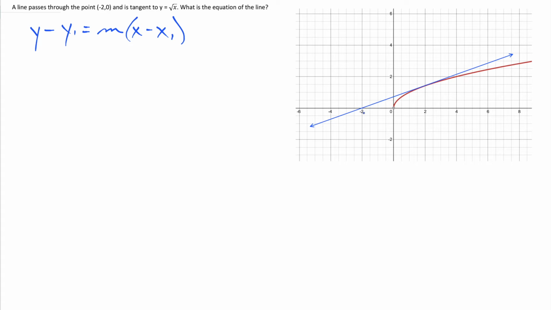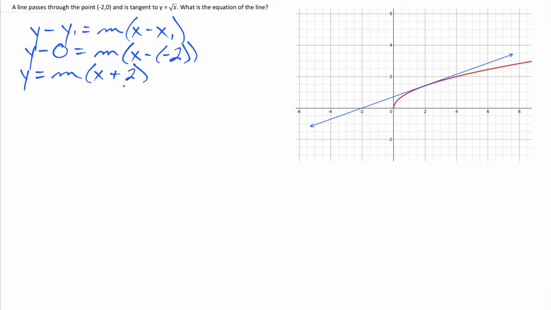Because this blue line is known to go through the point -2, 0 per the problem prompt, we can use that for x1 and y1. So subbing those in, we get y minus 0 is equal to m times x minus -2. And then simplifying further, we get that y is equal to m times x plus 2.